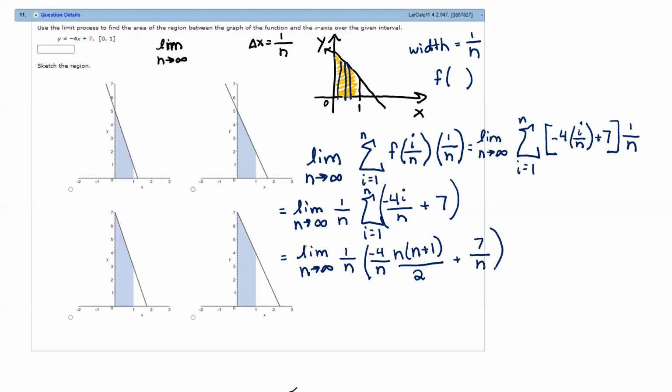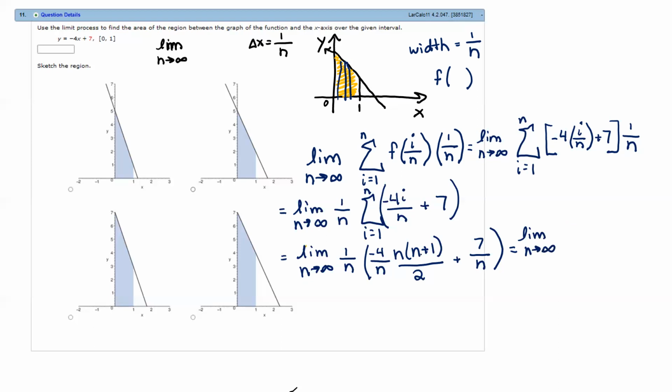Okay. So we've got a lot of things going on. We can start working with some of this to simplify. So we've got the limit as n goes to infinity.